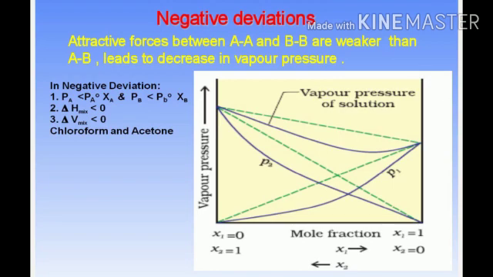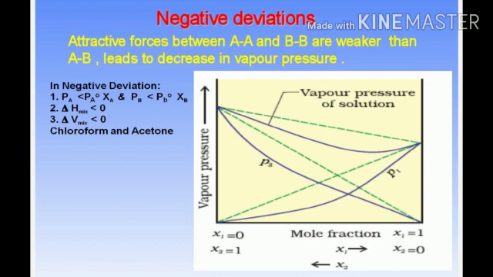These are the solutions in which the molecular interactions between components A and B are more than that between pure AA and pure BB component. And students, in a non-ideal solution with negative deviation, the partial pressure of each component is less than the vapor pressure as expected according to Raoult's law.